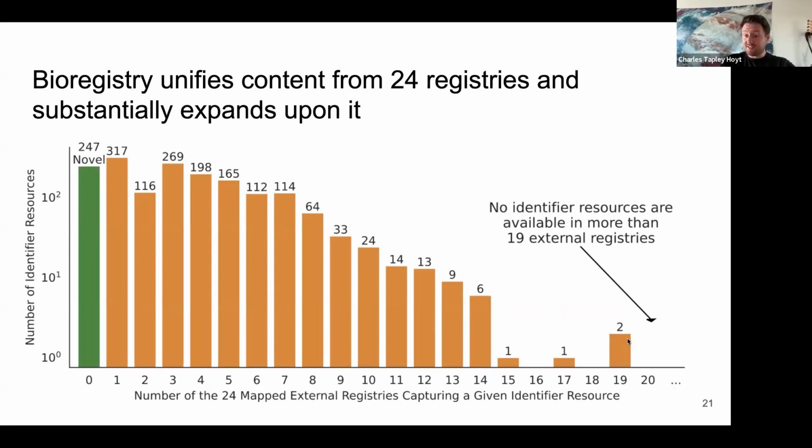NCBITaxon is the golden egg that's available in 19 of the different external registries. And then 247 prefixes are completely novel in the Bioregistry that nobody else has curated. I invite anyone who wants to take the content out of the Bioregistry because it has this CC0 license. So in theory, this 247 novel could actually be 0. But that's how things go.